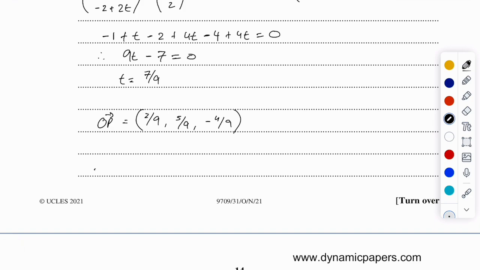Okay, so length OP is 2 over 9 squared plus 5 over 9 squared plus minus 4 over 9 squared. Okay, tap that into calculator. What you're going to get is root 5 over 3. That's going to be your final answer.